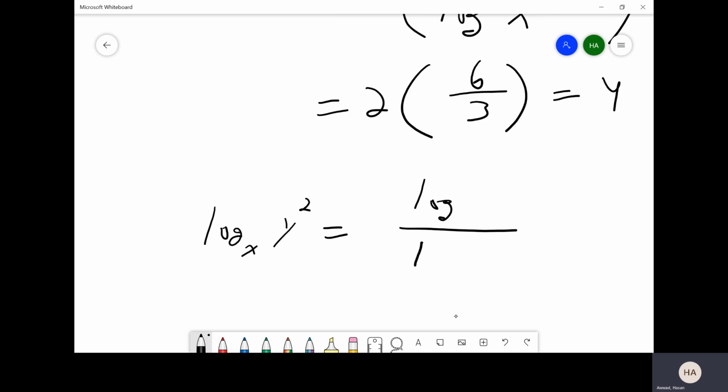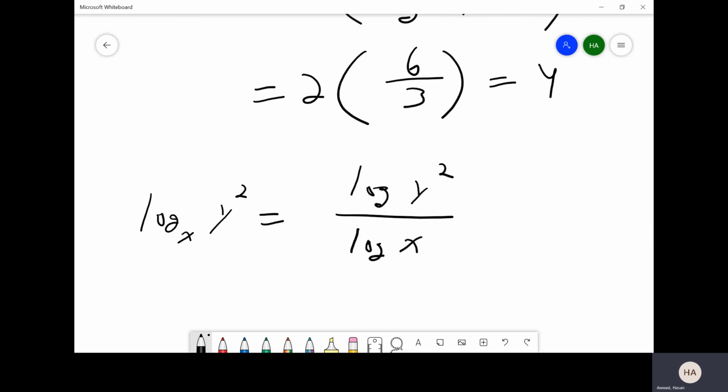Again, log over log. Again, the base becomes the bottom value. So that means that I'm going to have log of x down here. And when you're figuring out this value, don't forget to take the entire exponent with you. The exponent comes with that value, right? The exponent is tied to that value. So it's log of y squared.